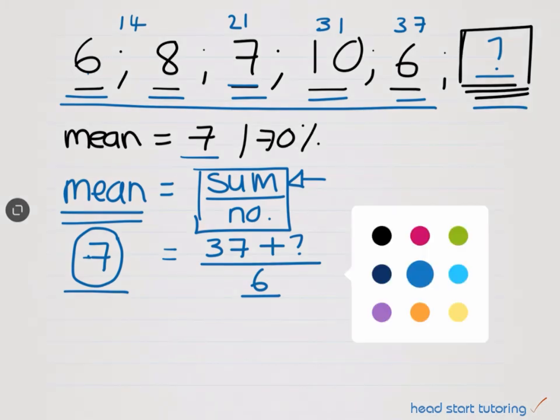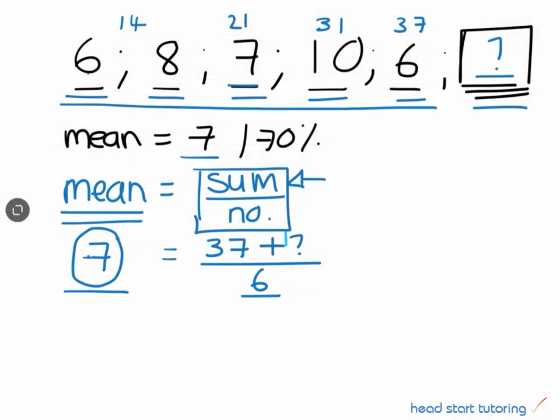Now what we need to solve for is this question mark, because that is what Brett needs to achieve for his last test in order to achieve his goal of a mean average of 7 out of 10 for all his 6 tests. So that is what we need to look for. And how are we going to do that? Well, we need to work with what we've been given.